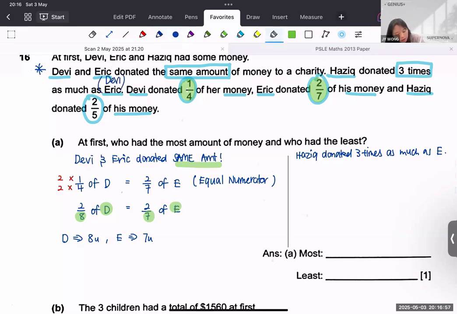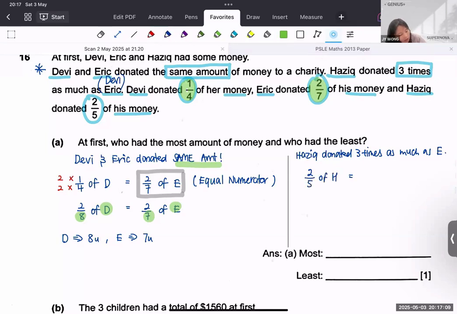So what do we know about Eric? Look at this fraction here. 2/7 of Eric is donated, but Haziq donated 2/5 of his money. 2/5 for Haziq. Remember, we make it 2, right? Devi and Eric donated 2 units. What is 3 times of 2 units?